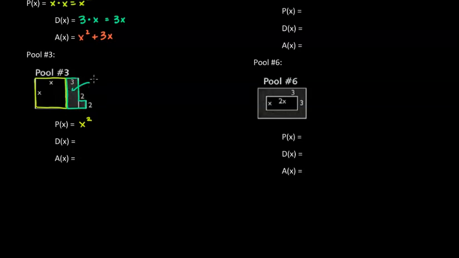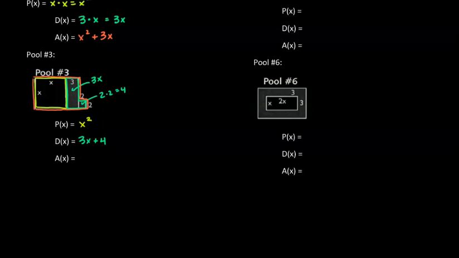We know that this part is still going to be 3x. This part right here would be an area of 2 times 2, which is 4. So our deck area altogether would be taking the 3x part plus the 4 part. So our deck area would be 3x plus 4. Now our altogether area, again, that's this whole shape right here. We're finding the area of this entire shape.